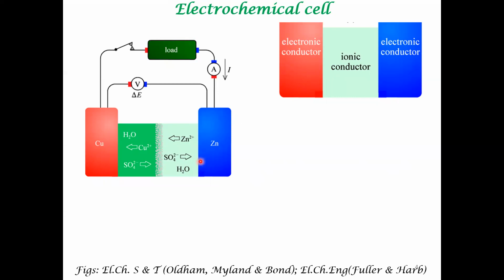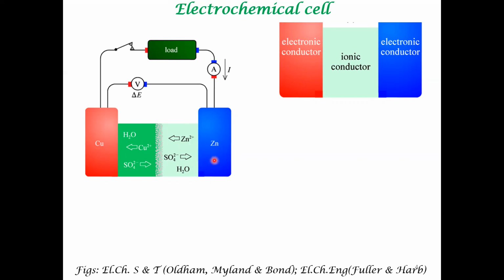So often when you refer to the electrode or electrodics, we're not only talking about the electronic conductor, but we are also talking about the interfacial processes and the interfacial region associated with the electrode.